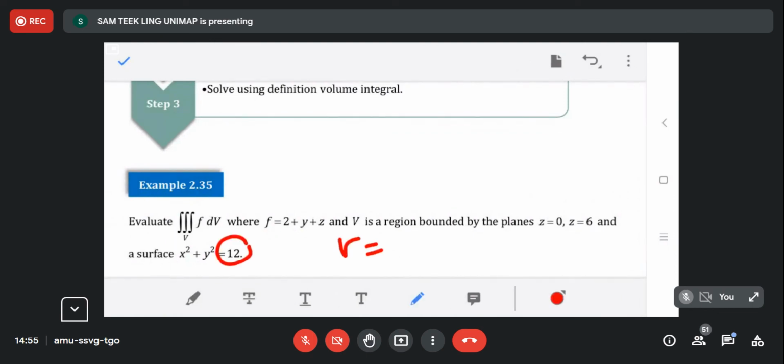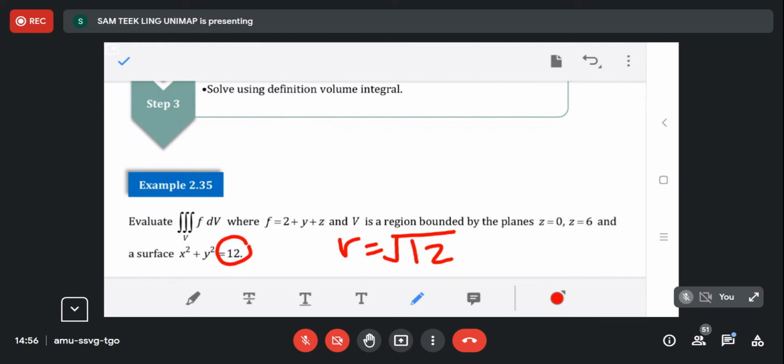So my R will become square root of 12. Don't give it in decimal places, because if you use decimal places at the start, your answer will have error. So for safety, we directly use square root of 12. You substitute or use square root of 12. Only at the very end can you use decimal places. That is for safety.